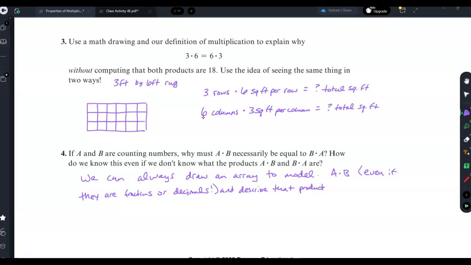Basically we can rotate, but since I'm not able to rotate my screen, I'll describe it in terms of rows and then describe it in terms of columns, right? So describe that product as both rows of objects and columns of objects.